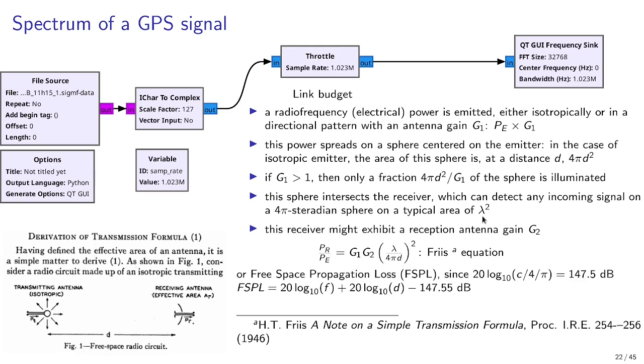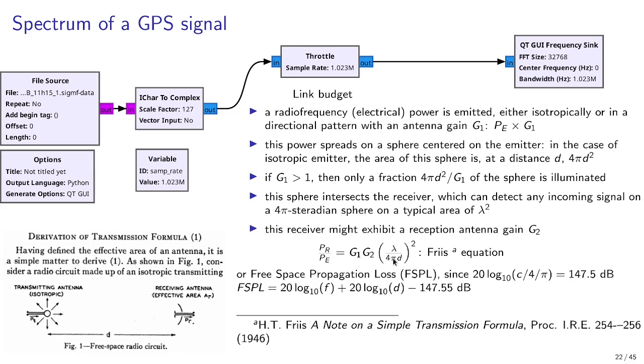The GPS satellite is not emitting over the whole isotropic volume, but towards the Earth, and the antenna exhibits 13 dB versus isotropic antenna gain, and this gain, G1 and G2 for the receiving antenna, are added in front of the link budget. The Friis equation states that energy conservation is met if received power to emitted power is antenna gain times lambda squared divided by 4 pi d squared.